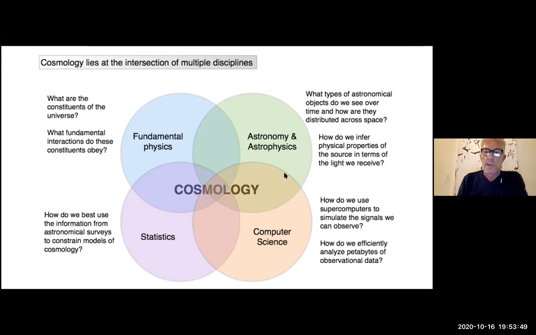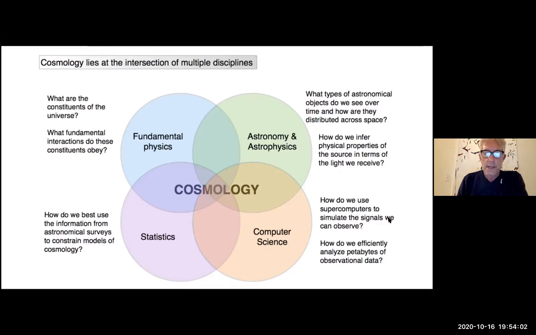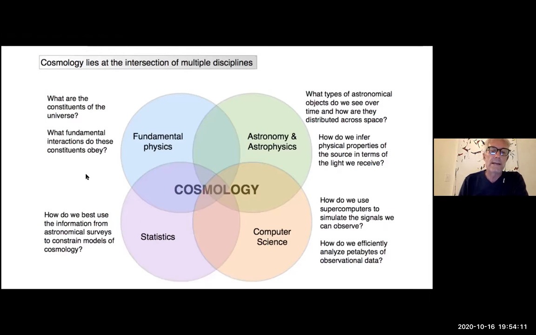Of course, astronomy and astrophysics are key because we're trying to understand how all of this structure evolved over time. Computer science is essential because we have so much data now that we have to be able to analyze it efficiently and make sure that we get unbiased inferences. And that brings in the aspect of statistics, and statistics is where I'm going to be heading for pretty much the rest of the talk.